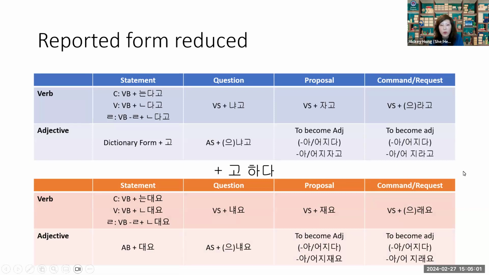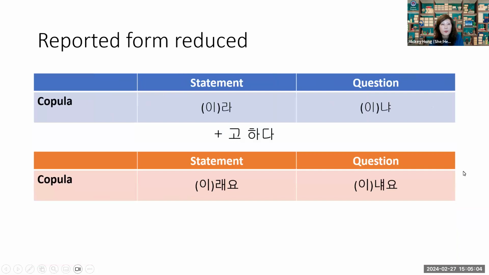Please review this thoroughly. And when the reported form is reduced, for the copula, statement 이라고 하다, question 이냐고, it will be just 이래요. 이냐고 해요 becomes just 이냬요. 이라고 하다 becomes 이래요.